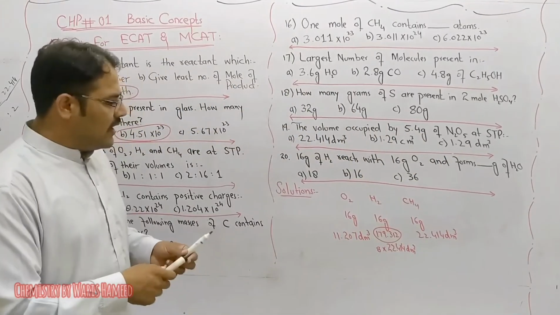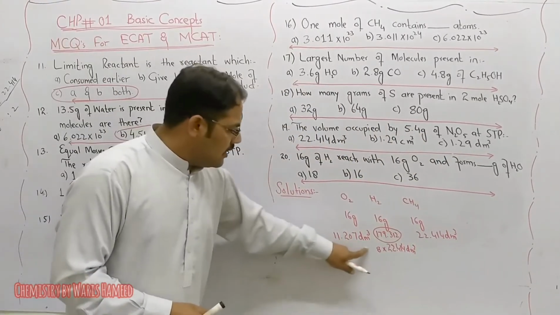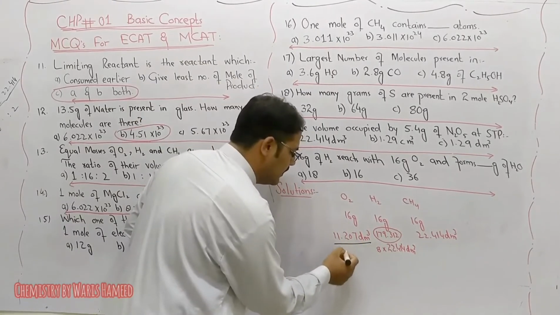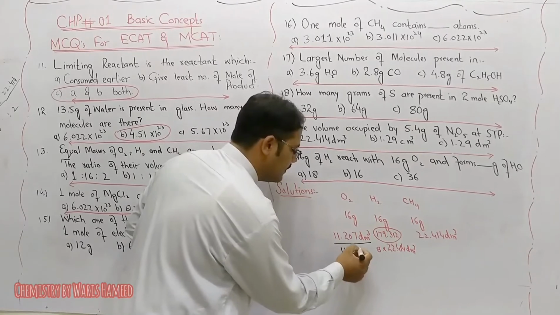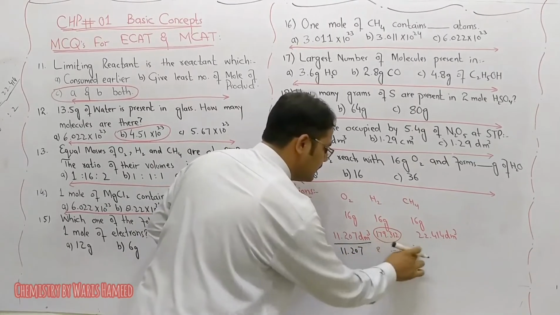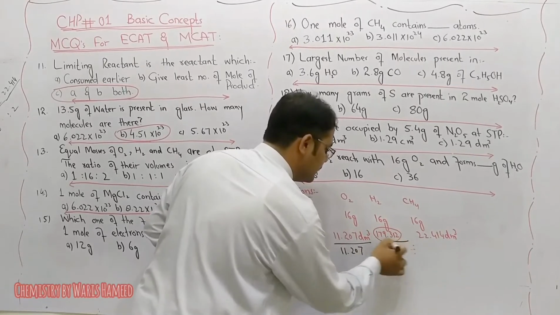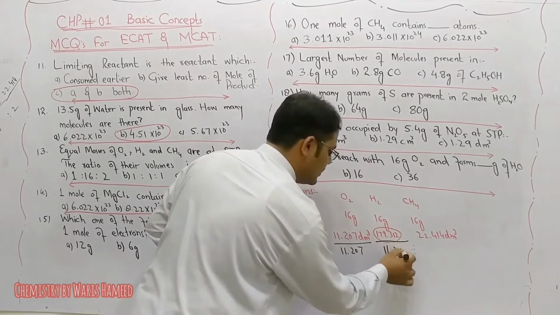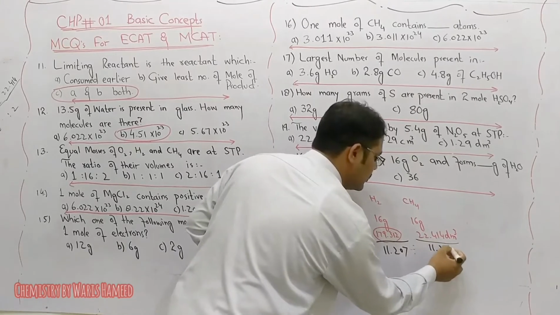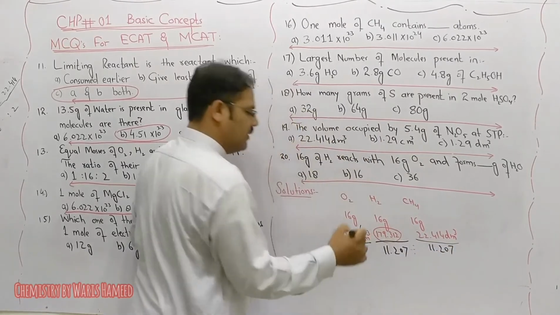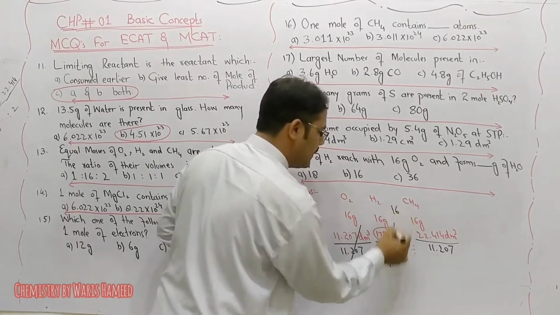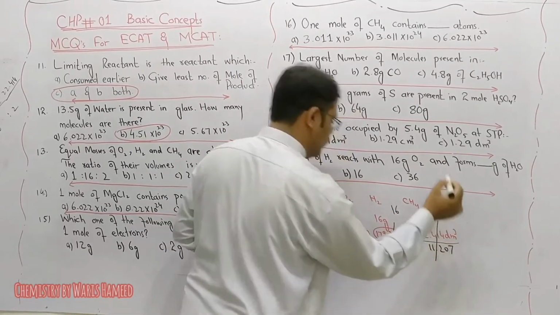Now if I divide by the least amount, dividing each by 11.207, the answer for oxygen is 1, for hydrogen 16, and for methane 2.